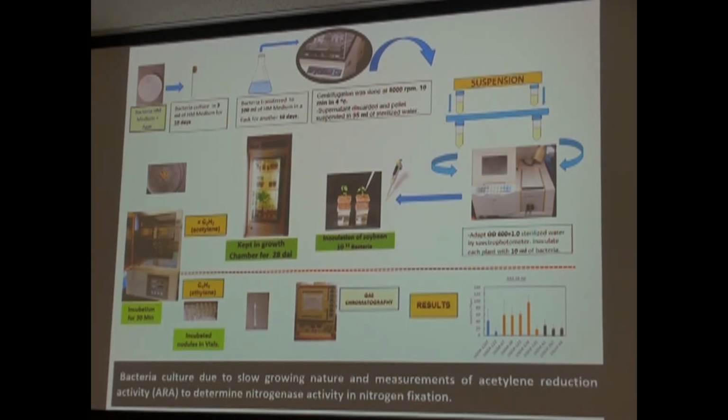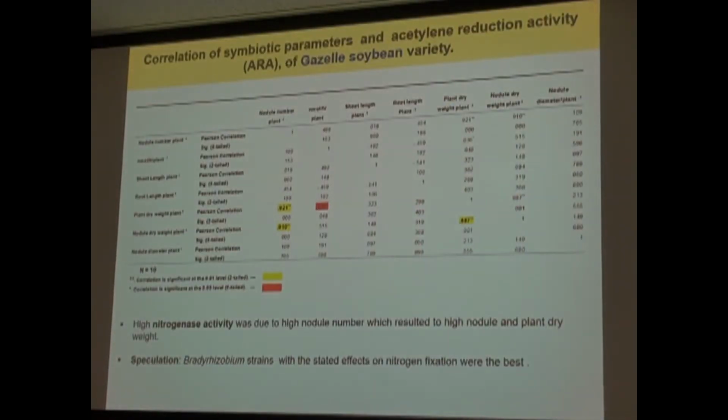On the results, I will start with the Gazelle soybean variety. I will just give the result of correlation, which is the last part of the data analysis. According to the results, we have some positive correlation, which means high nitrogenase activity was due to high nodule number, which resulted in high nodule and plant dry weight.